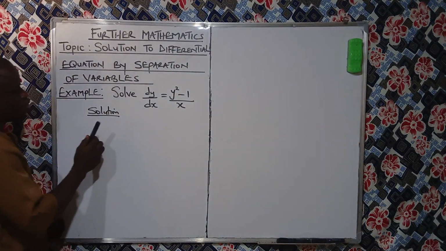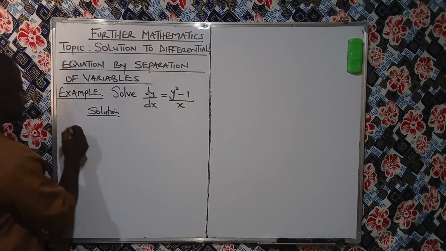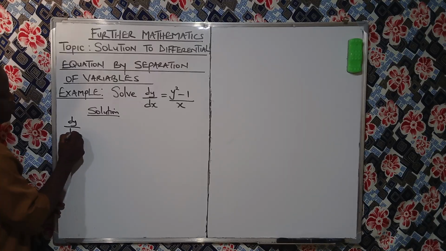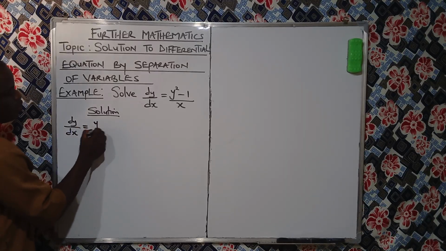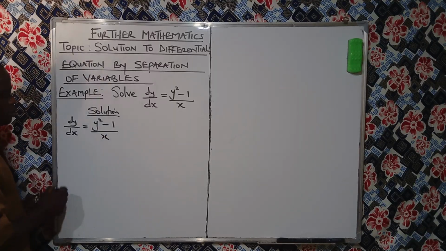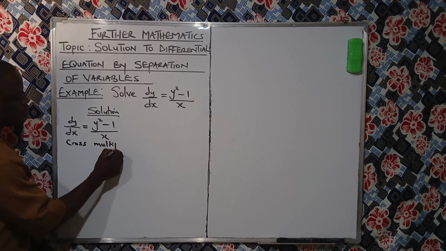Now the first thing to do is to cross multiply because we want to carry out separation of variables. We have dy over dx equals y squared minus 1 over x. That's the equation. You cross multiply.